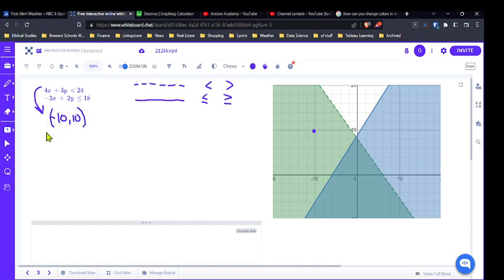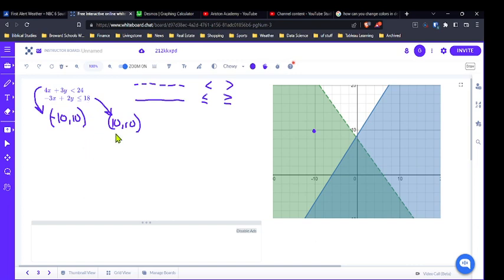That's legitimate. Now, if I'm asked, give me a point that's a solution to just this inequality, well, I can come over here to something just blue, and find that 10 comma 10 is a solution. So let's go here and write in 10 comma 10. That's a solution to this particular inequality.